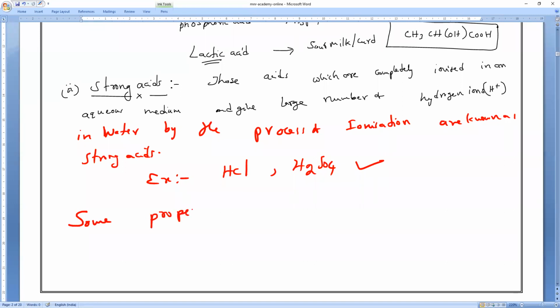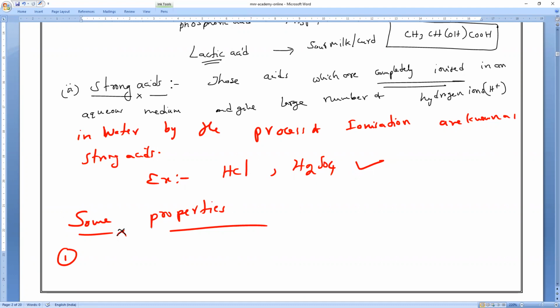Let us study some properties. Strong acids are completely ionized, so they contain only ions, not molecules.